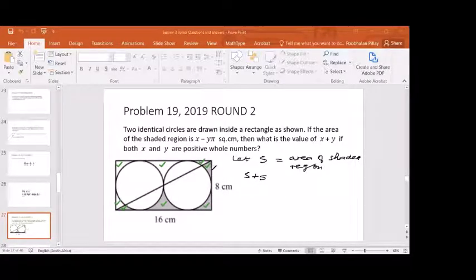So the area of this shaded part plus the area of itself at the top there, plus the two circles, will give you the area of the rectangle, because now you covered up everything. You covered the shaded part here, you covered the missing parts there, and the circles will give you the area of the rectangle.